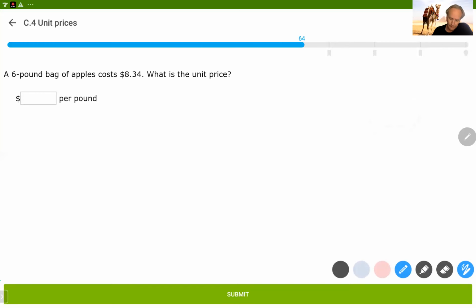What is the unit price? So we're dividing 6 into 8.34. It's good practice to do your division. Now, I know we don't do it very often. It goes in 1. You know what I'm going to do? I'm going to show you the Mexican method. Basically, they don't write down the subtraction. They just write down the remainder.